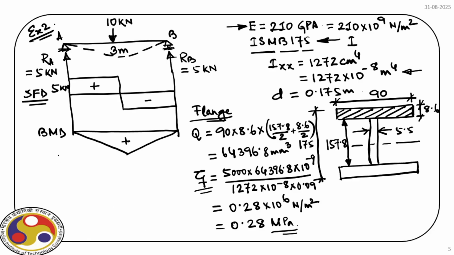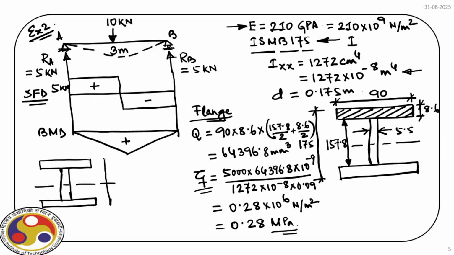So what we have is a rectangular cross section and neutral axis is at the middle.